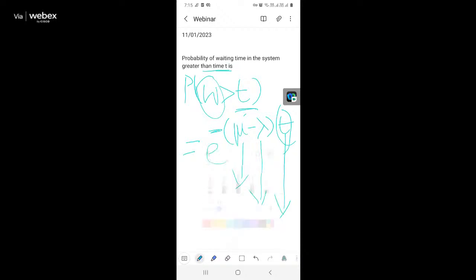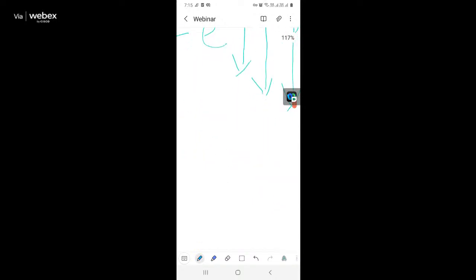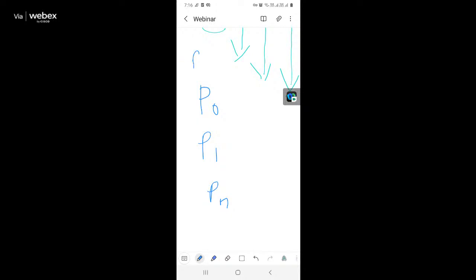Very important thing. Yesterday I told you about steady state as well as transient state. I hope you remember that. If you consider a transient state, for example, P naught, P1, Pn. I told one thing yesterday, that is Pn of t: at the time t, the probability of having n customers in the system.